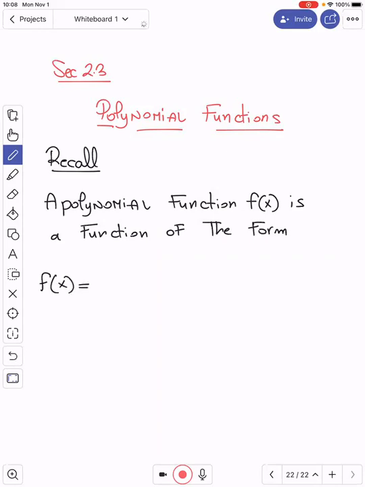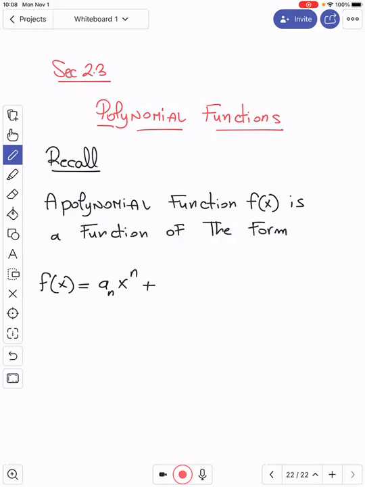The idea is that a polynomial function is just a combination of powers of x, but the powers of x must be whole numbers, actually positive whole numbers or zero. So we have some x to the power n, and in front of this x to the power n there is some number called the leading coefficient, a subscript n.